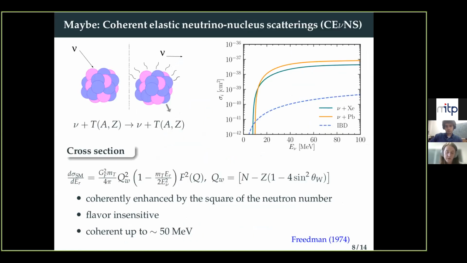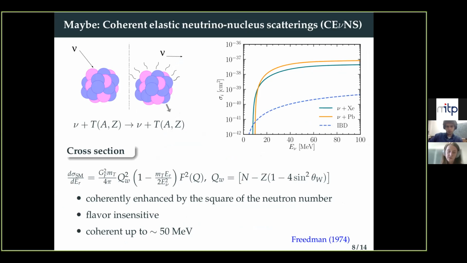Then in our work with John and Irene, we try to see if, by using the coherent elastic neutrino nucleus scattering channel, we can make some steps towards the detection of the DSNB. Here we can see what the process is. It's basically when a neutrino comes and coherently scatters off the whole nucleus.